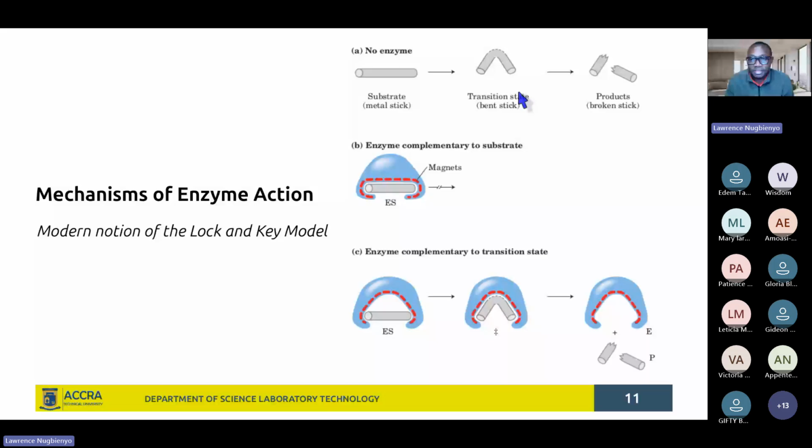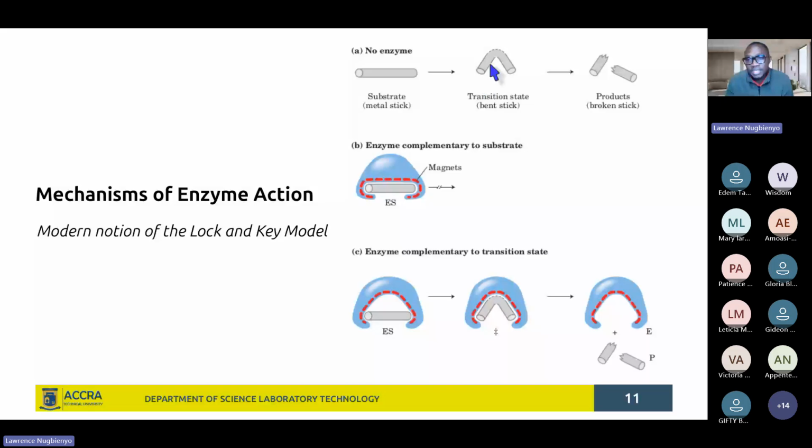And that is depicted with, say, a substrate that is a metal stick, and that metal stick is to be broken into two. Those will be the products. So if the product is to be two broken metal sticks, and we consider that the transition state of that metal stick, that substrate, is its bent state. So you see the metal stick is bent.